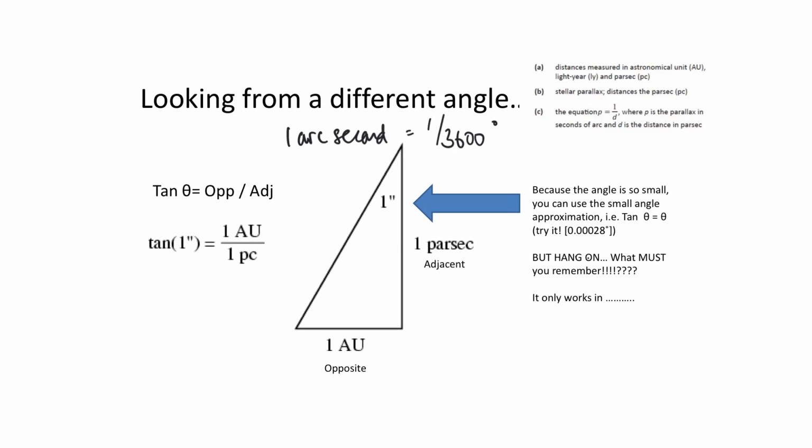With the small angle approximation, we can say that angle equals 1 AU over 1 PC.